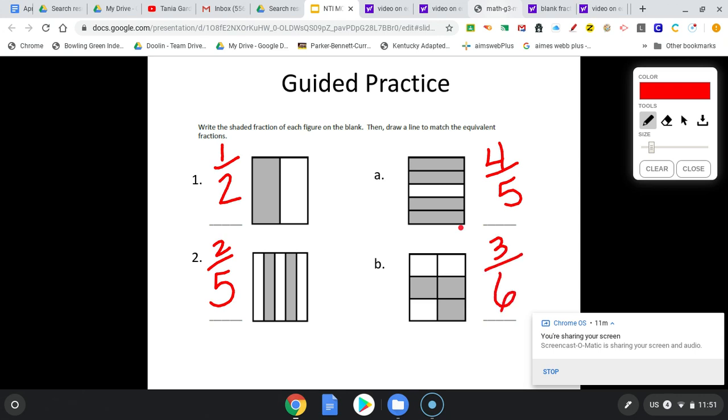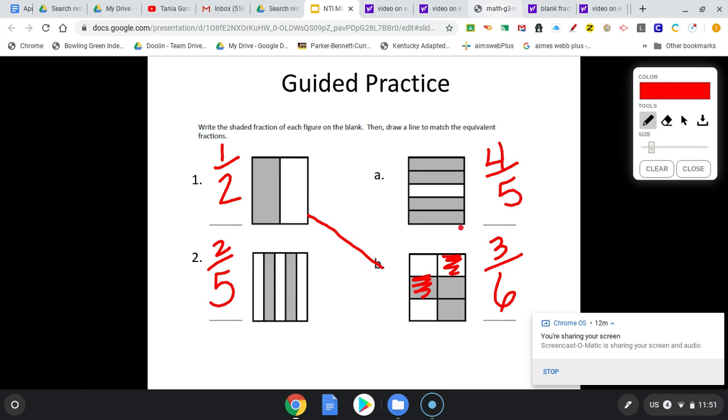So which fraction is equivalent to 1/2? Let's look and find. Is it 4/5? If I double 1, okay, that won't work. If I took this one right here and I made it white and moved it over here, would that show 1/2? Yes, it would. And the same thing here.